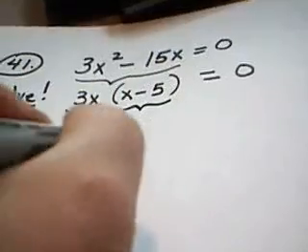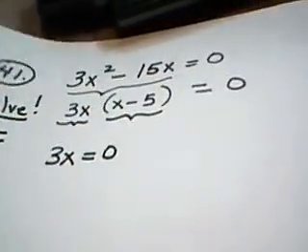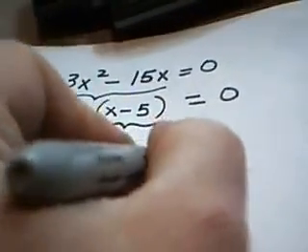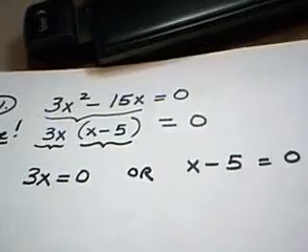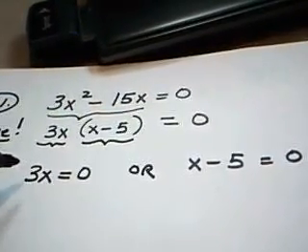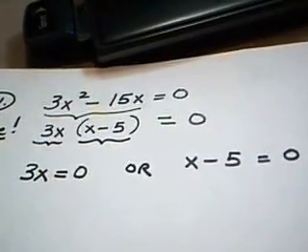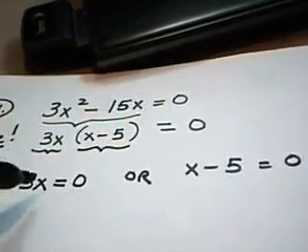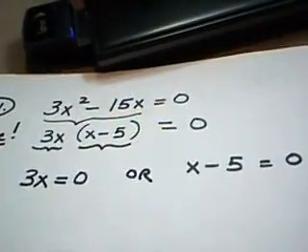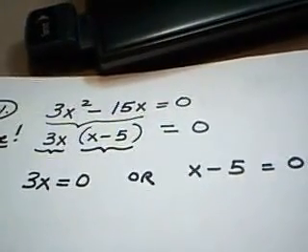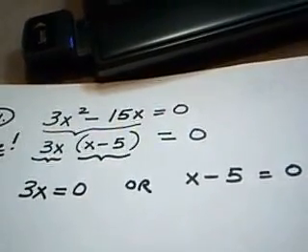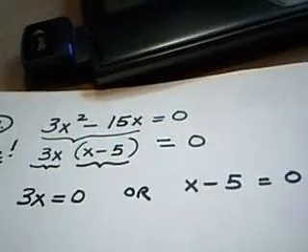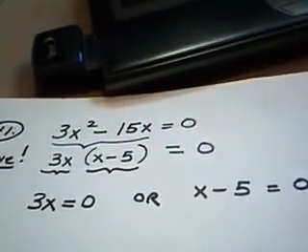Either 3x is equal to 0, or x minus 5 is equal to 0. Okay, check what I've written. Either the first factor is 0 or the second factor is 0. Or means one or the other, or possibly both. So it's not excluding anything.